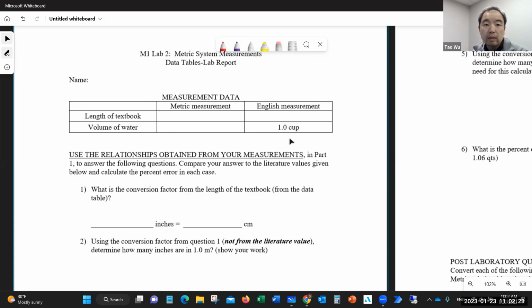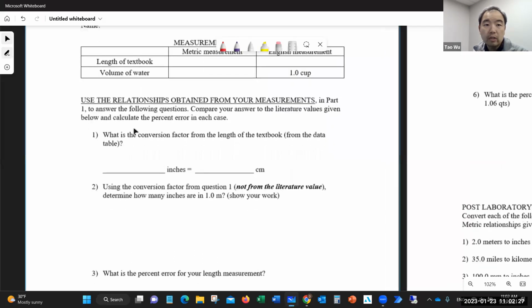In the first part, you try to measure the inches. Try to measure the distance for the same book or same object.